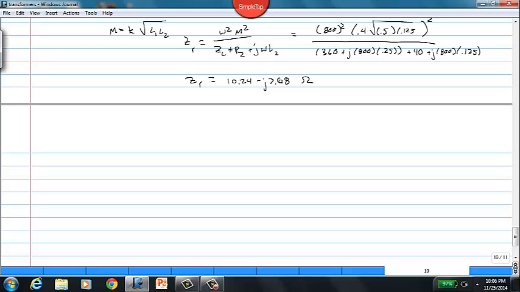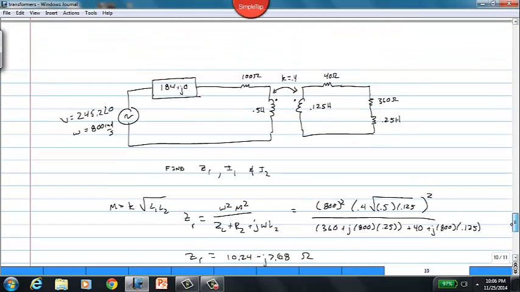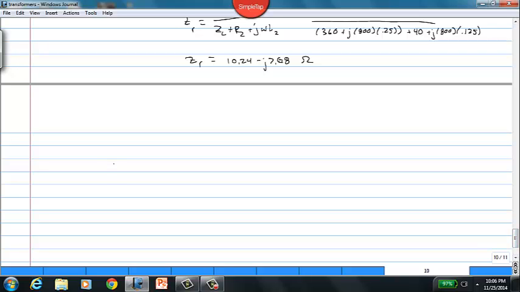So now what we need to do is solve for the current in the primary side. Since we just solved for the reflected impedance, we can redraw the above circuit model using the reflected impedance. That's going to give us the voltage source. We then have our 184 ohm resistor. We then have a 100 ohm resistor. We have the impedance of the transformer itself, which was 0.5 henries, or at least the inductance is.